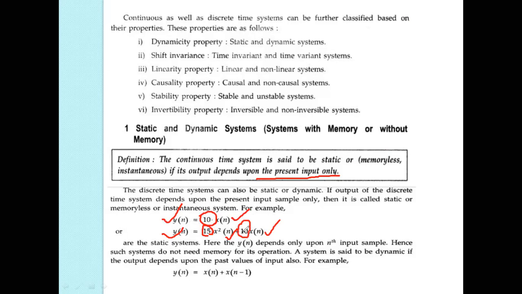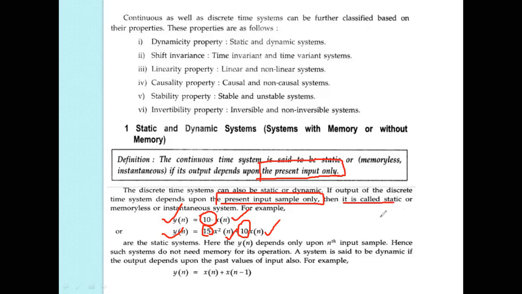A discrete time or continuous time system is said to be static if its output depends upon the present input only, and it is called static.